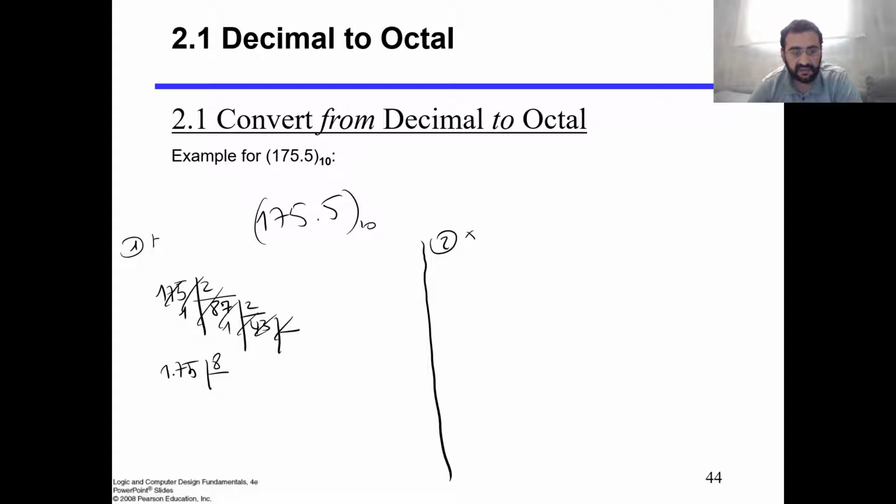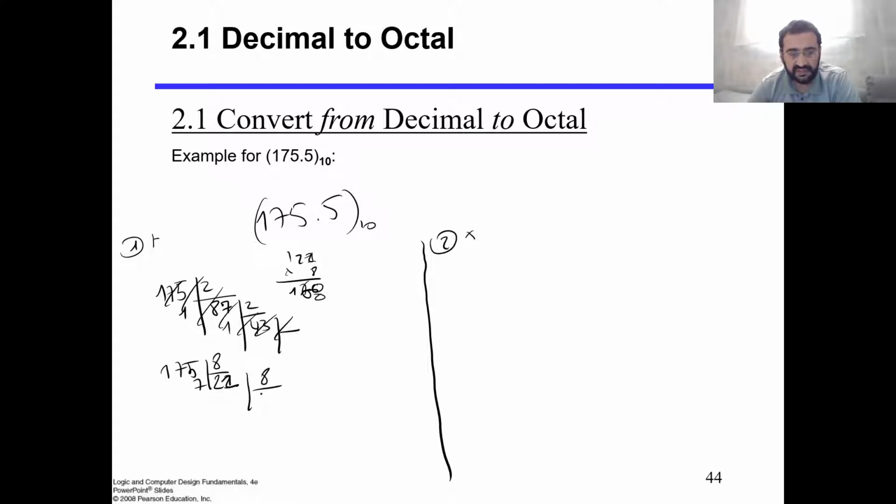So here we will have 175 divided by 8: 8 times 20 is 160, plus 8 is 168, 172. Okay, so it's 21, and the remainder is 7.